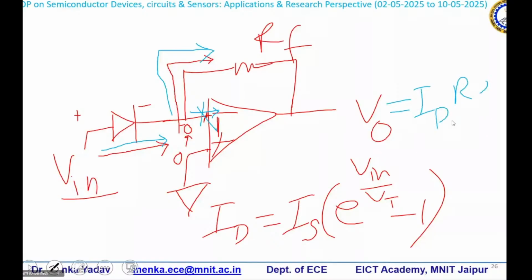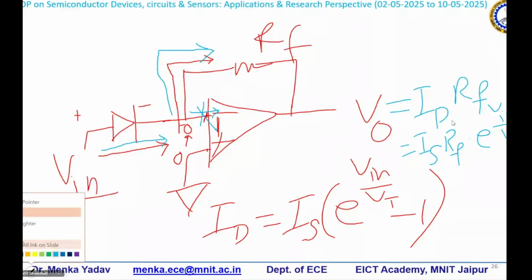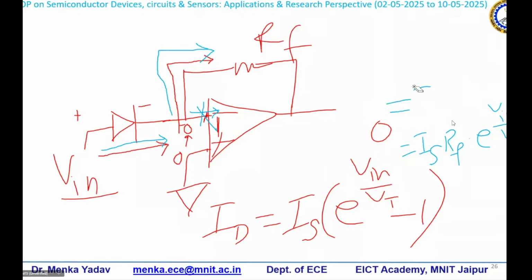With the help of this, I can represent it in this way: IS times RF times exponent of V in upon Vt. So here you can see that this is how in the operations you need the exponent calculator. The exponent of anything can be calculated with the help of this formula.